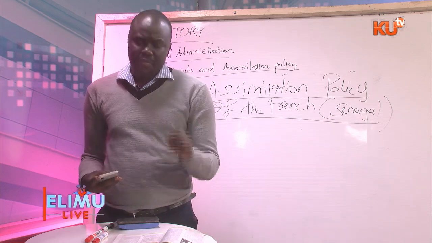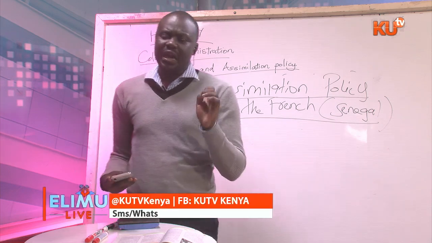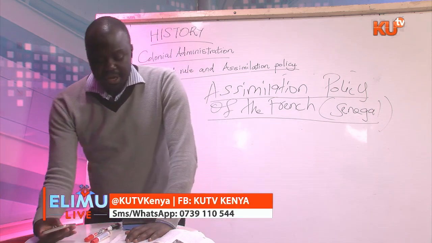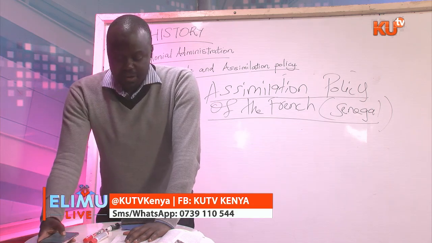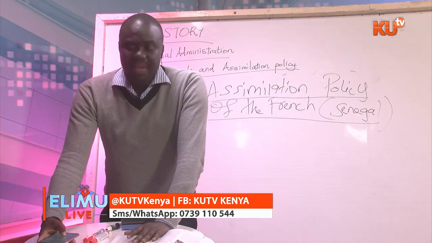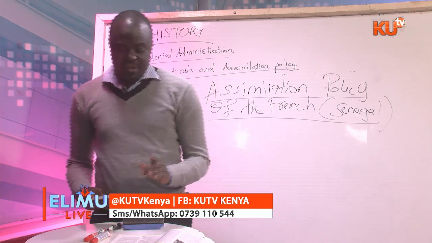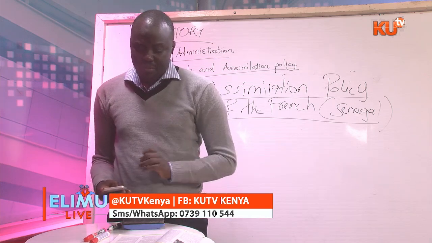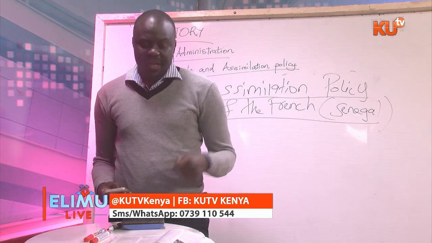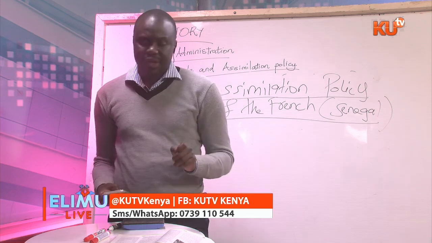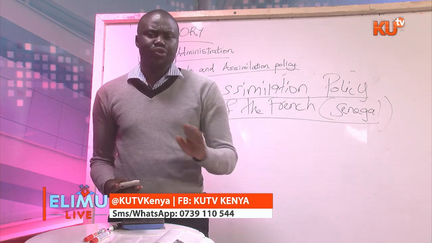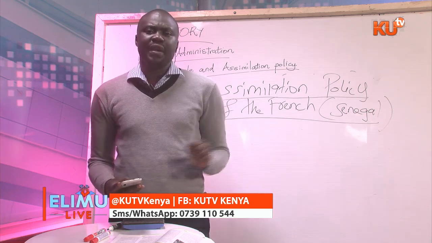It is this that prompted the French to adopt the assimilation policy in the communities of West Africa, or Senegal in particular. In 1884, all the French communities in all the French colonies were emancipated from slavery. So they never allowed slavery to take place in any part of their territory.